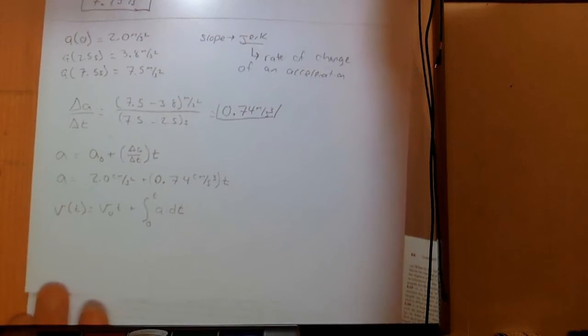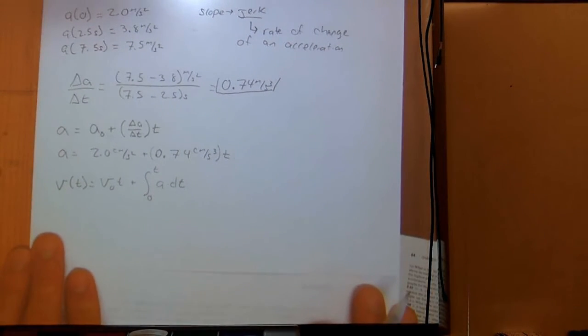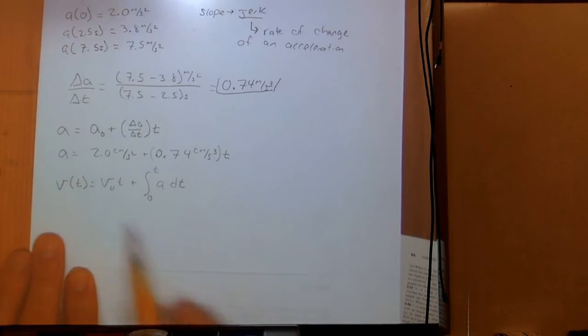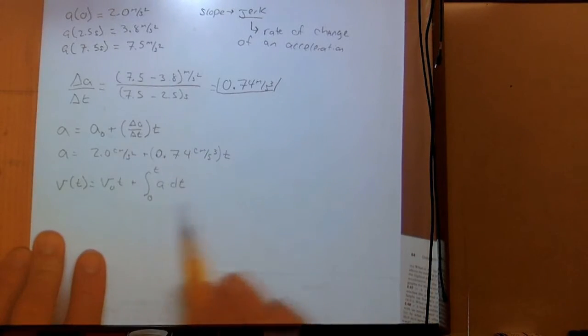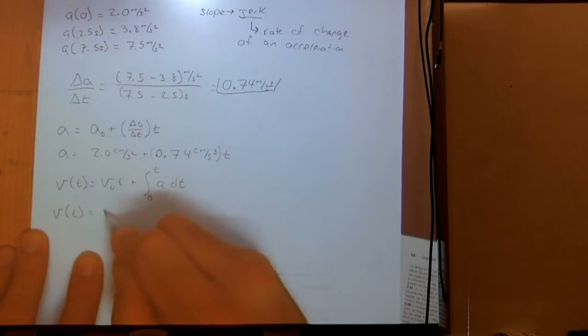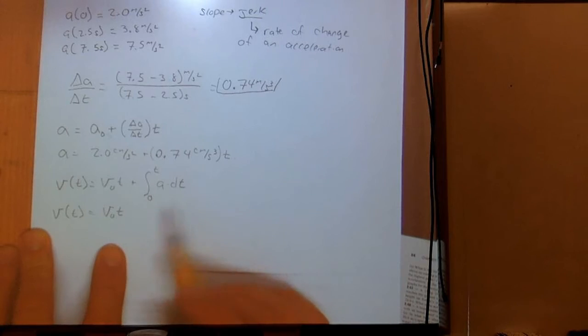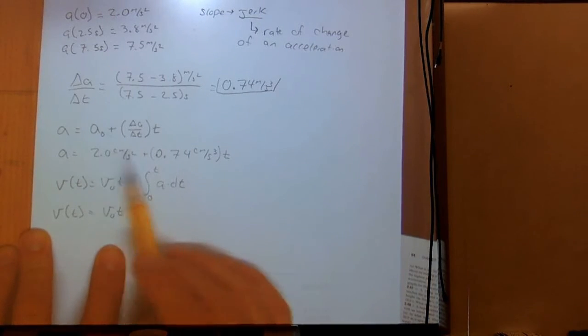Move my paper up a little bit. So now from here, what am I going to do? I'm going to take my antiderivative because acceleration is changing per unit time. So I know my velocity at some time t, my initial velocity times time, that has nothing to do with it, but my acceleration per unit time, A dt, hey, wait a second, that seems like something I just did.